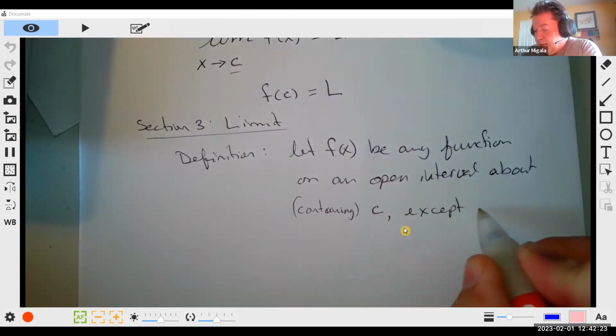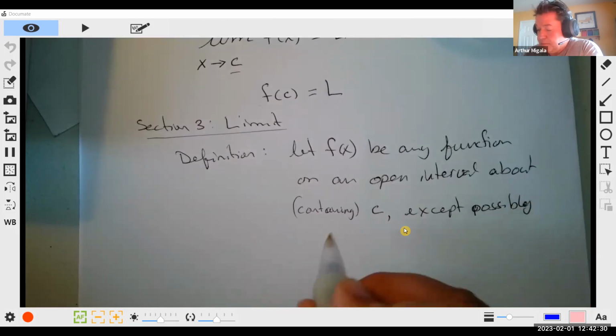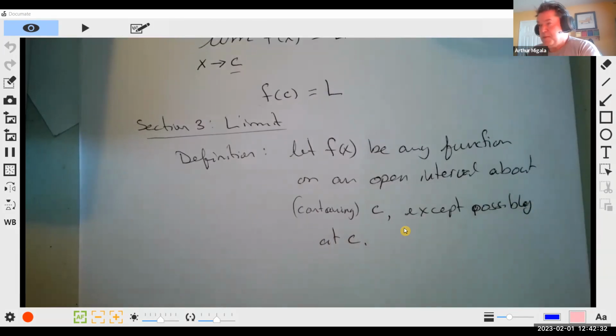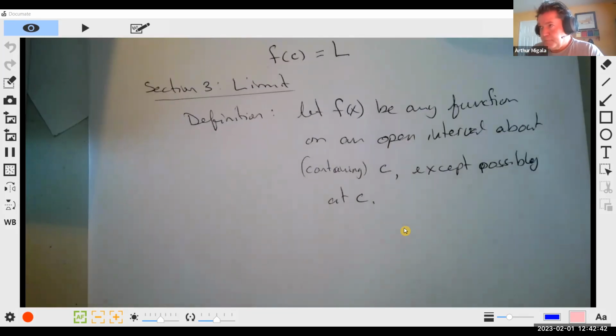As we learned last time, it doesn't have to exist at c. It just has to exist within that open interval. All right.